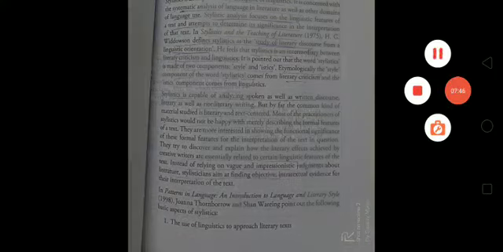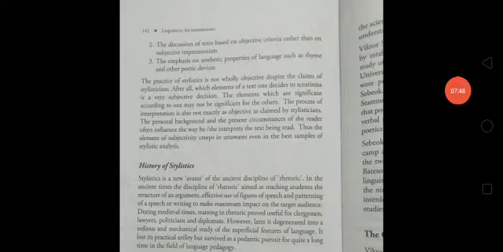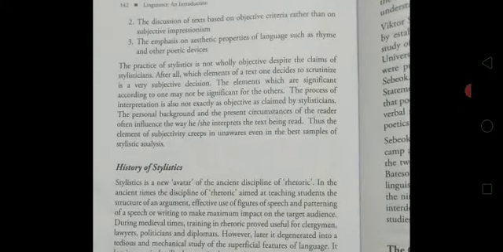The second point is the discussion of texts based on objective criteria rather than on subjective impressionism. This is very important. Whatever the writer has written from his or her own point of view, the critic will find it through discussion of texts based on objective criteria.